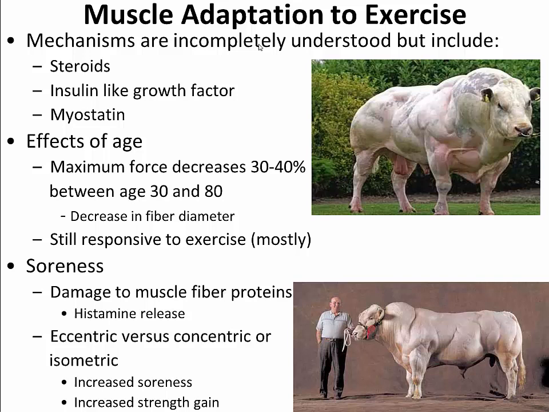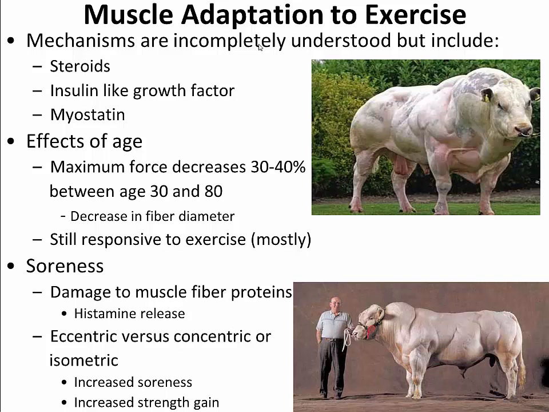Locally produced insulin-like growth factor also plays a large role. But lastly, interestingly, a hormone referred to as myostatin appears to play a role as well. Myostatin is a hormone that works in a negative feedback loop to inhibit the overdevelopment of muscles.